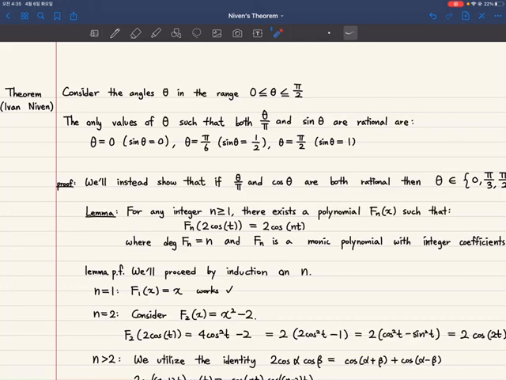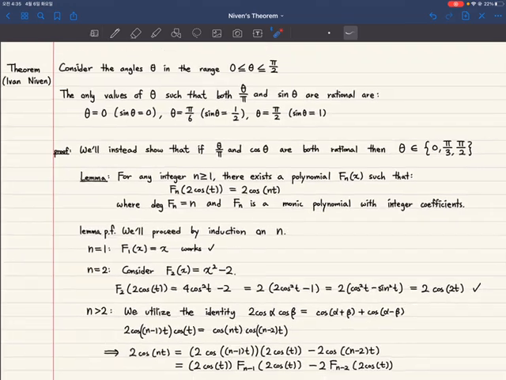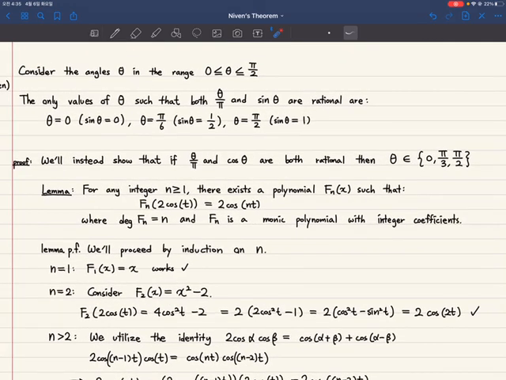Okay, so we'll first show instead that if theta over pi and cosine theta are both rational, then theta is inside the set of 0, pi over 3, and pi over 2. This implies the result because they pair up.